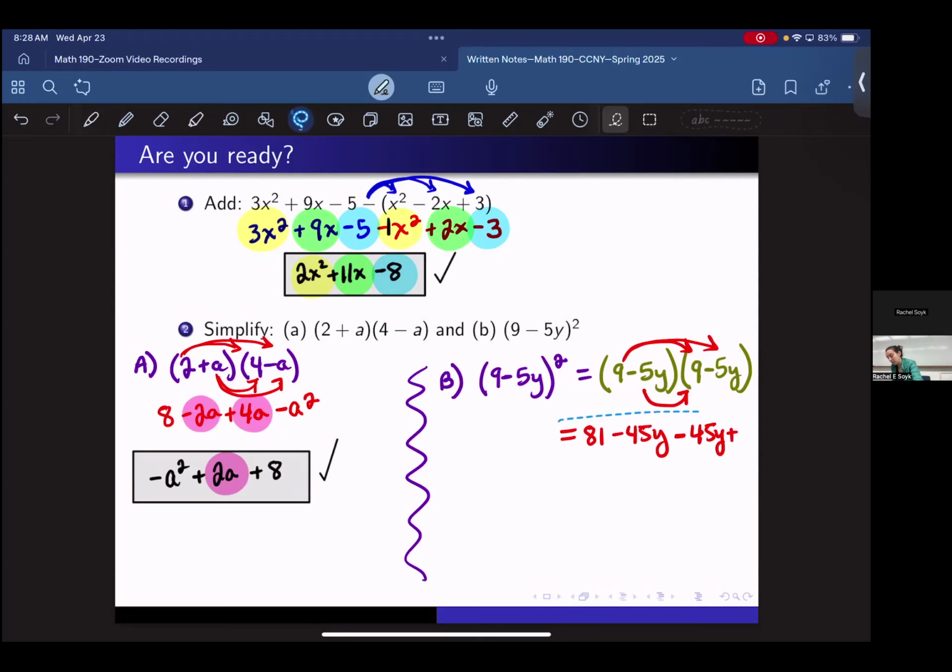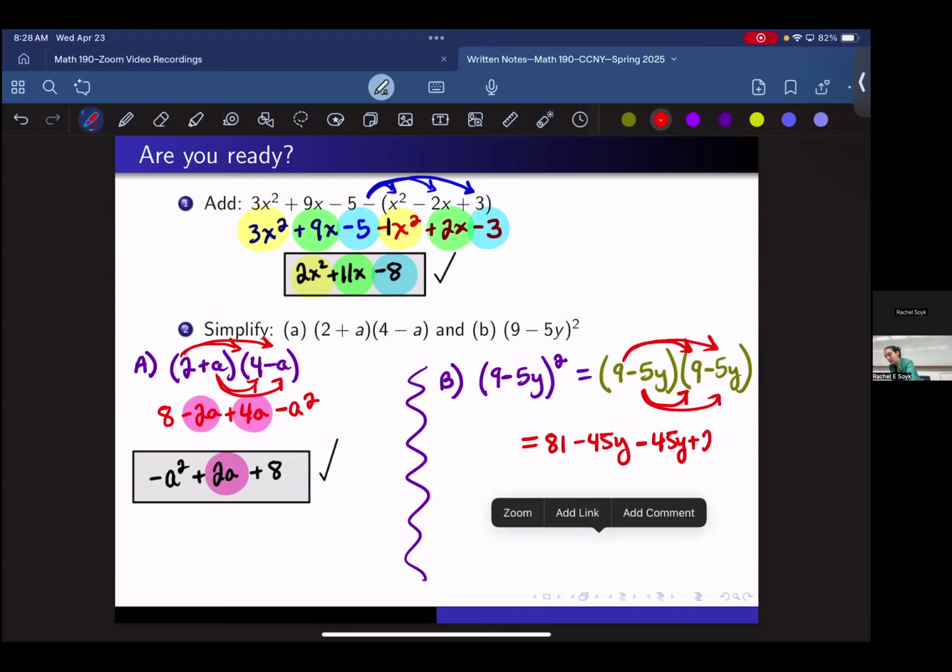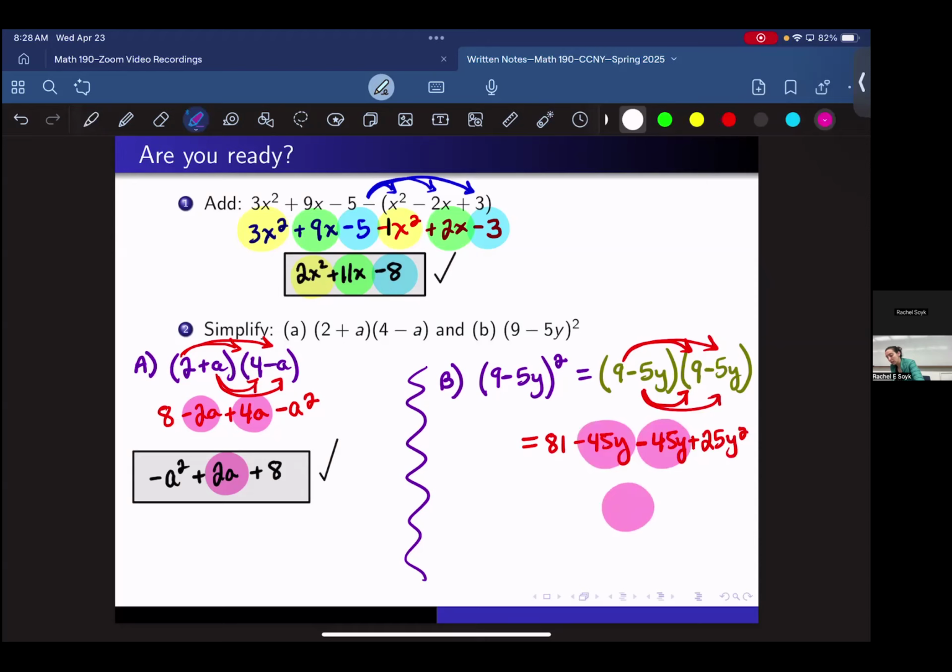And then that last term is just negative 5y times negative 5y, which is positive 25y squared. Once again, combine those middle terms and put it into descending order. So we're going to have 25y squared first, then a minus 90y, and then a plus 81. And we're done.